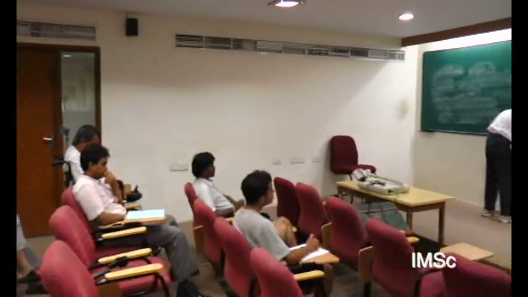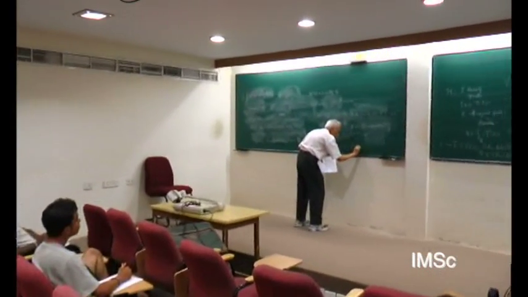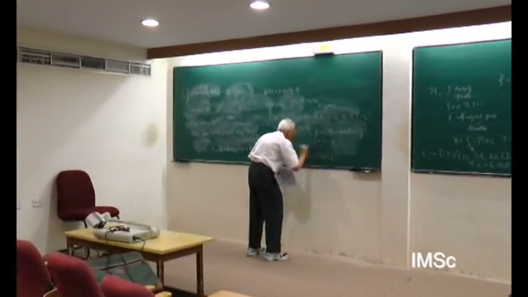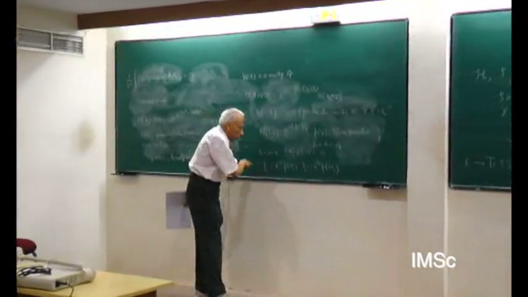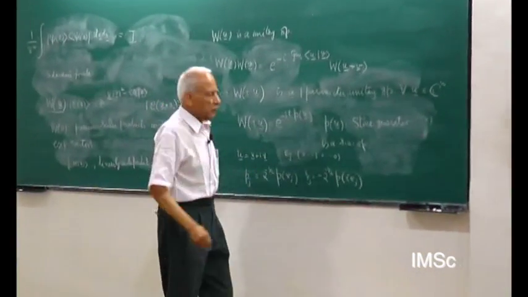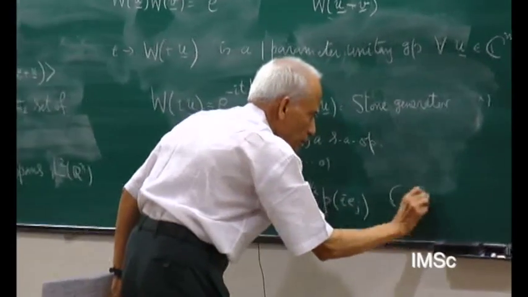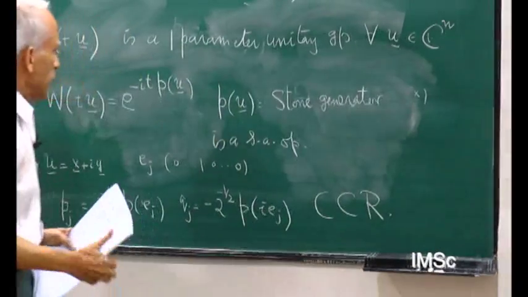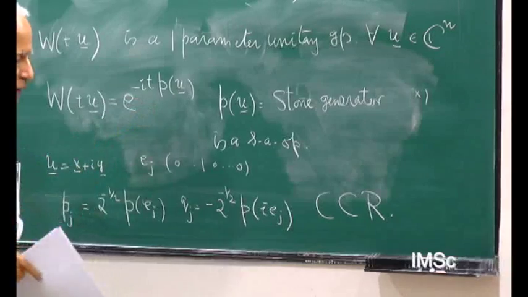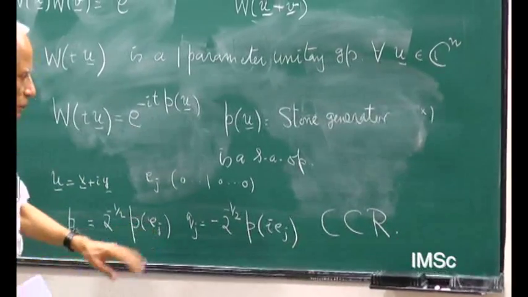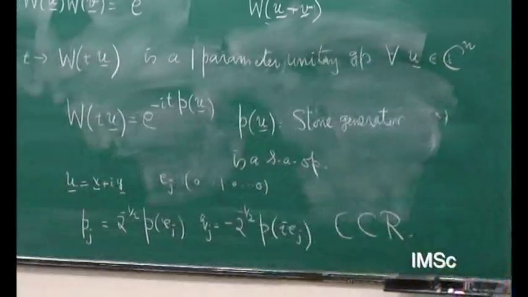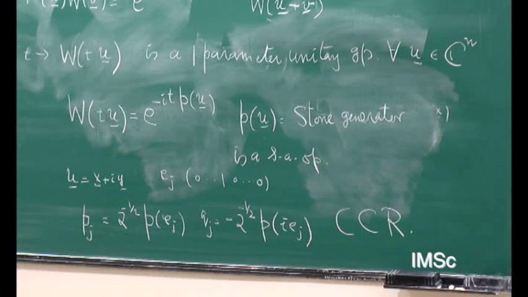If I call this P_j, that is a self-adjoint operator, and Q_j equal to minus 2 to the power minus half P(i e_j), then P_j, Q_j is a CCR. So they come as part of this exponential. Okay.